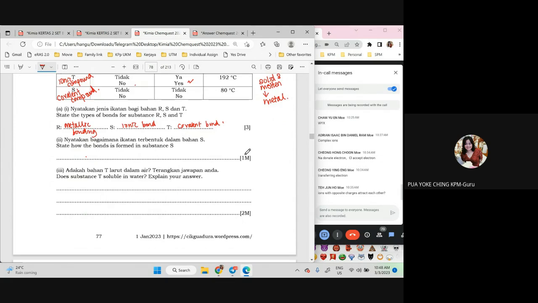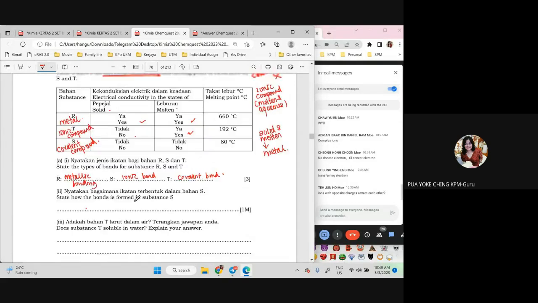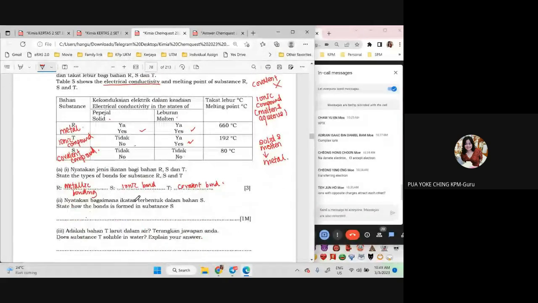Okay, so then is this, does T soluble in water? Explain your answer. Okay, solubility jarang tanya explain. Tapi negeri ni dia tanya explanation. This is from Pulau Pinang.